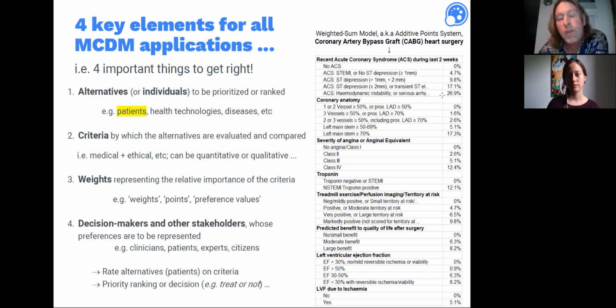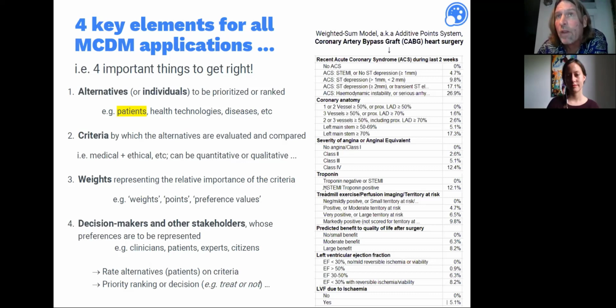The best way to think about how to interpret the weights is if there was a patient who had the highest level on each of these criteria. So had, I'm not even going to try and say it, ACS, hemodynamic instability, blah, blah, blah. The coronary artery anatomy was left main stem greater than 70, class 4.